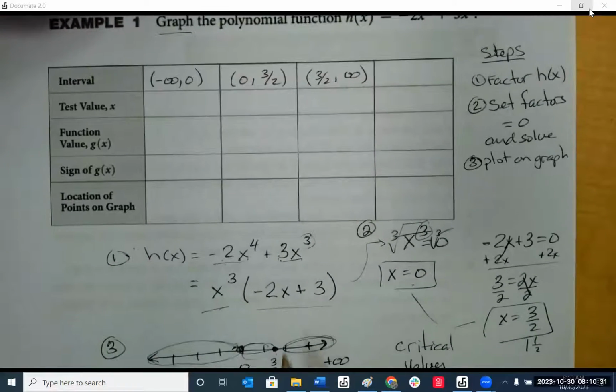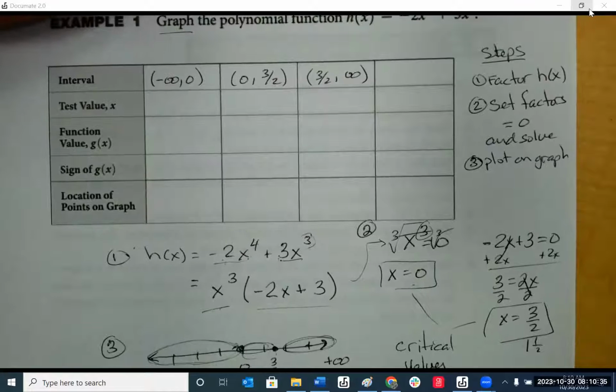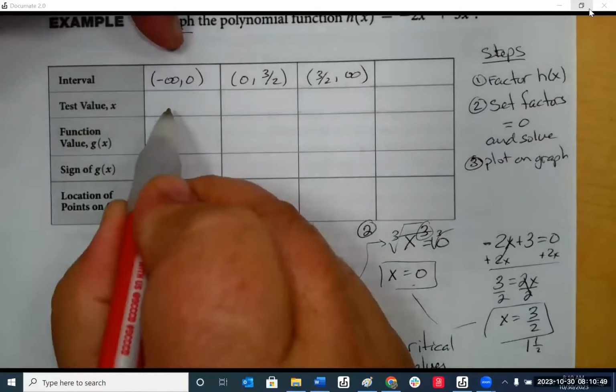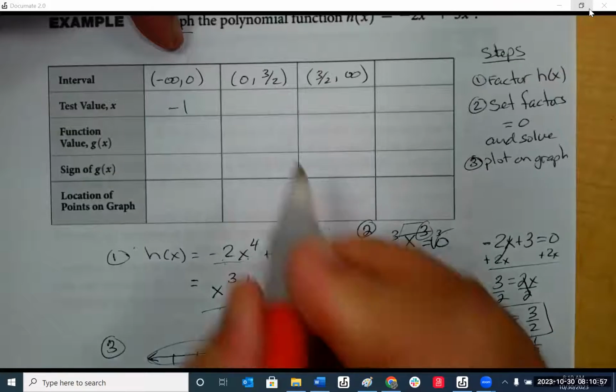We're going to see if the graph is above or below the x-axis in each of these intervals. In the first interval, pick a point that's not the endpoint, so I picked -1. In the middle interval, not 0 and not 3/2, I picked +1.